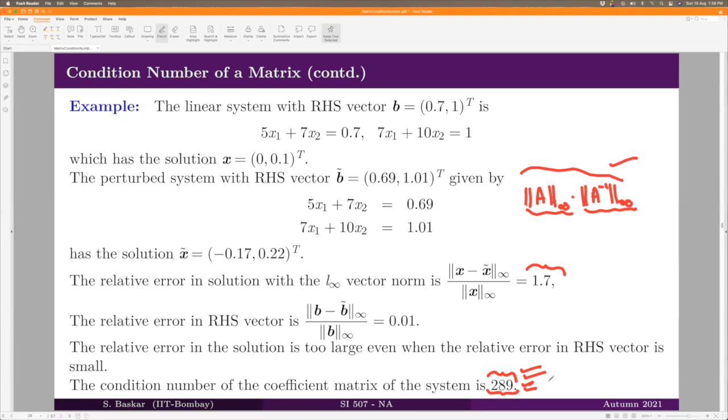Well, this example confirms that even if you make a small error in your right-hand side vector and then go to compute your solution of the linear system with that right-hand side vector where you committed a mistake, then your solution may have a huge error if your coefficient matrix has a big condition number.